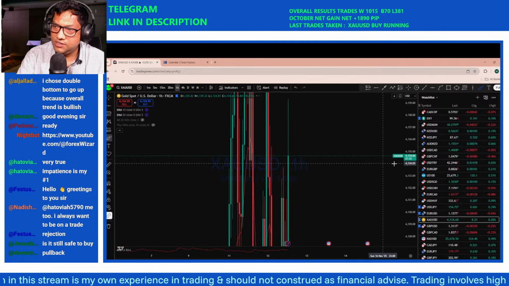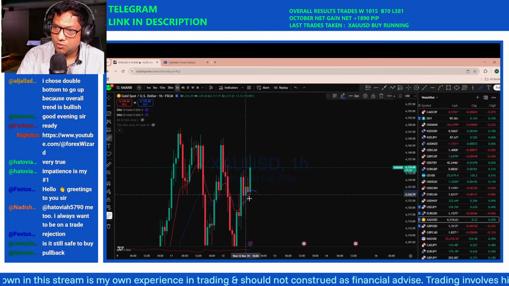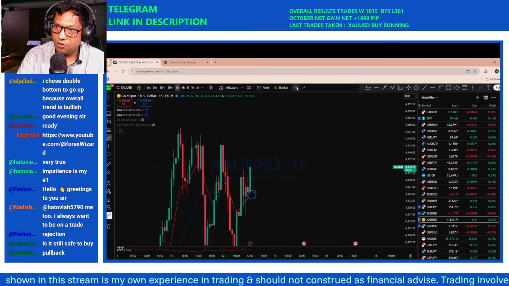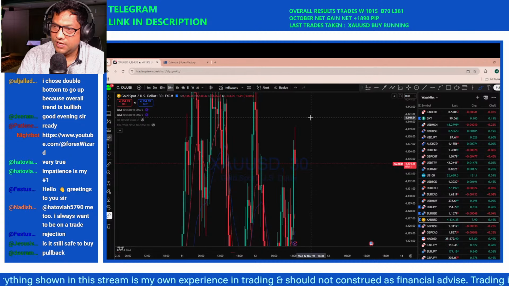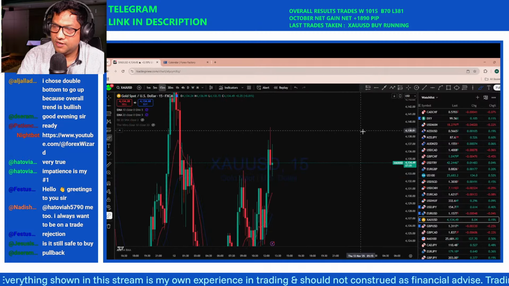But if you look at this market structure, which is from this support level, got the rejection back above, and we could see the price to continue to rise again back here in that area.